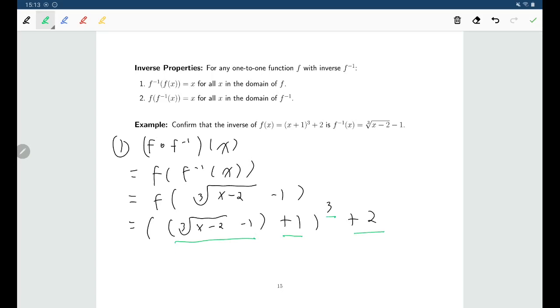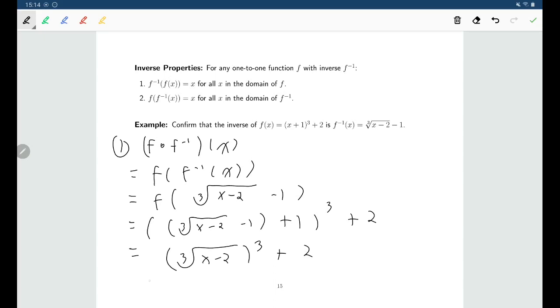And I've replaced the x with cube root of x minus 2, minus 1. And some things clean up right away. You can see that the minus 1 and the plus 1, those will cancel each other out. So we'll be left with cube root of x minus 2, cubed, plus 2.